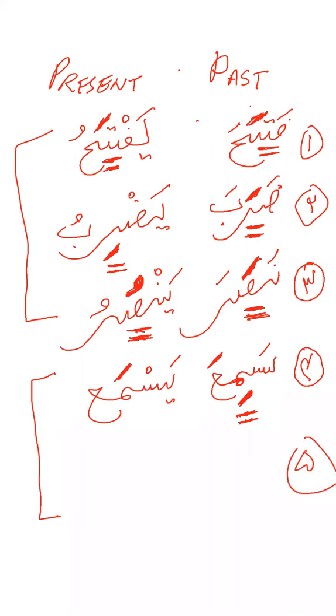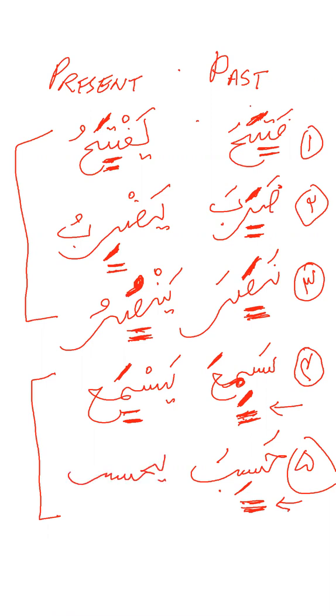Because here Samia has kasra on the ain letter and fatha here. Hasiba is another one with a kasra on the ain kalima, right? Now these are the same. This and this are the same. The change occurs here.